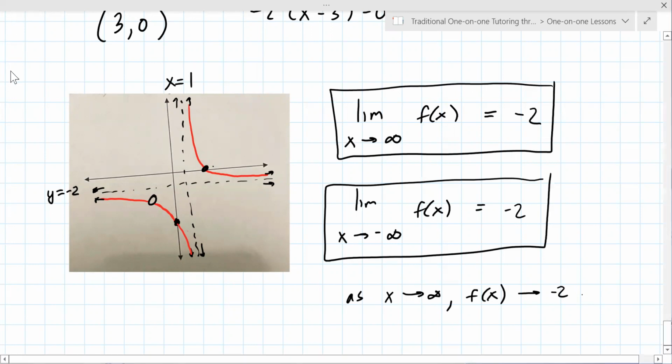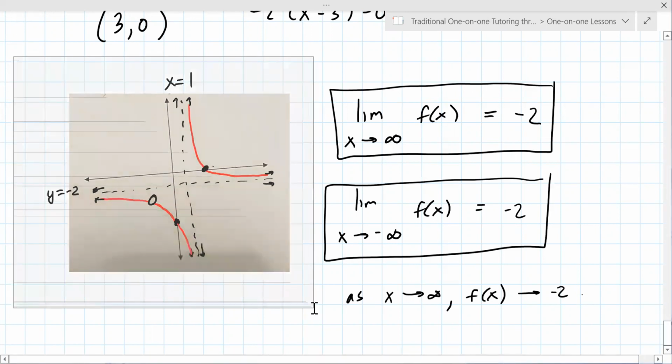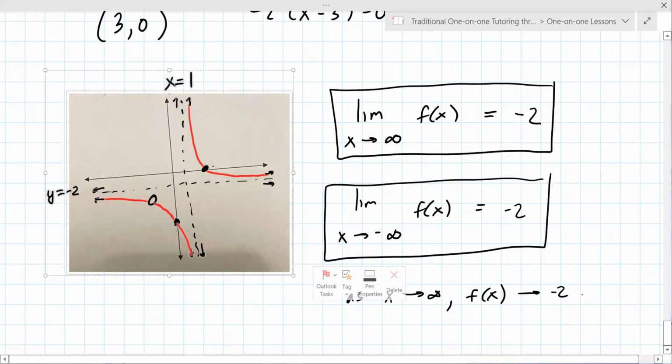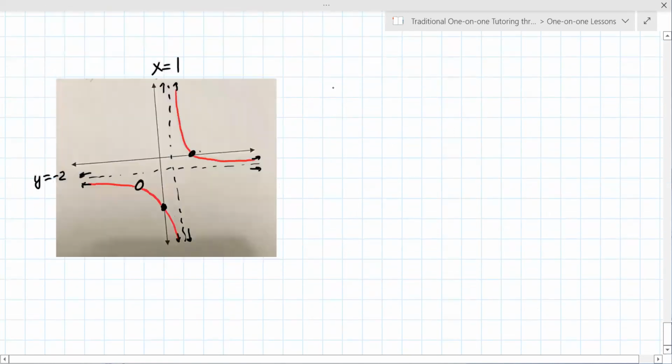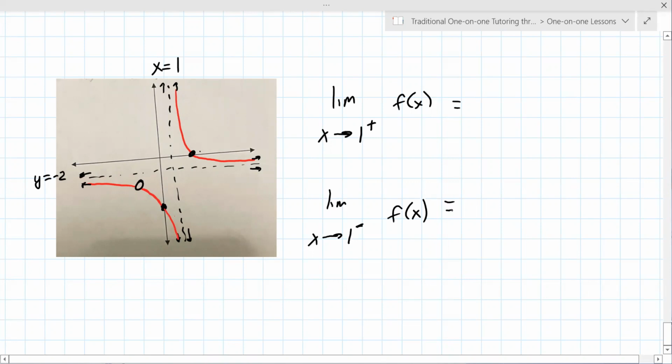Yeah. Okay, now next one is the middle behavior. All right, so the middle behavior is the vertical asymptote. So it's the limit as x approaches 1 from the right, and the limit as x approaches 1 from the left. Go ahead and take a look and see what you come up with for that.